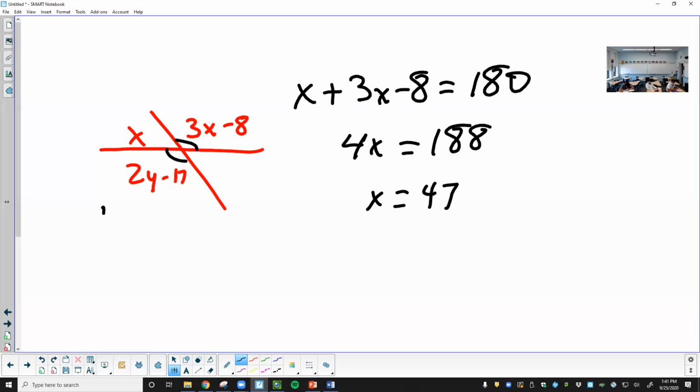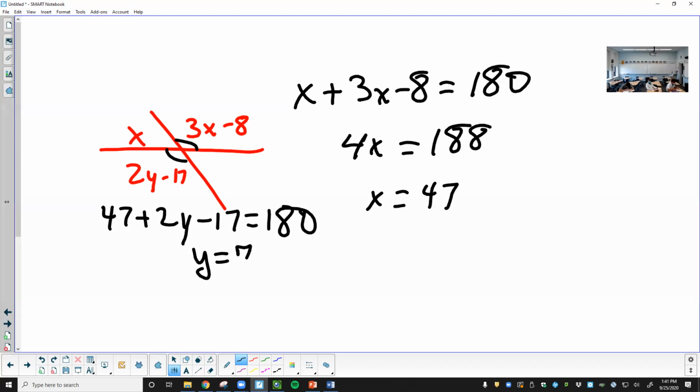You could also say 47 plus 2y minus 17 is equal to 180. That would work too, right? And so then we're going to solve that. We're going to end up getting that y is 75. So I think a lot of guys overlook the fact that we have these linear pairs that we know are going to add up to 180. Okay.